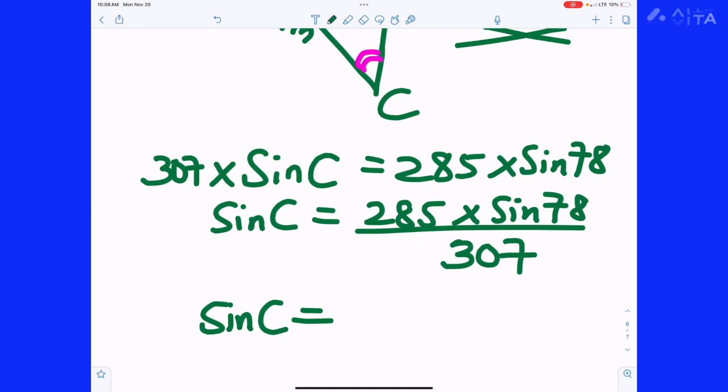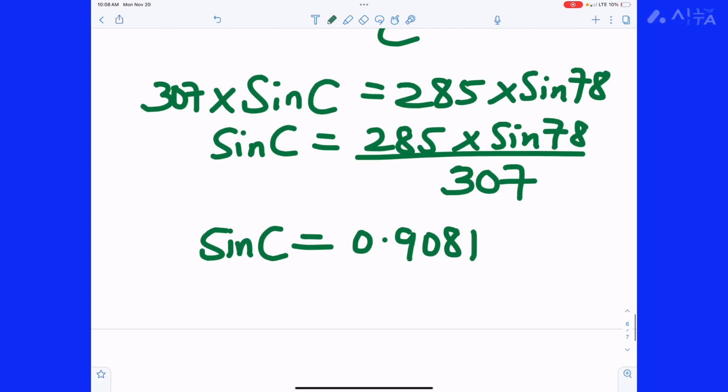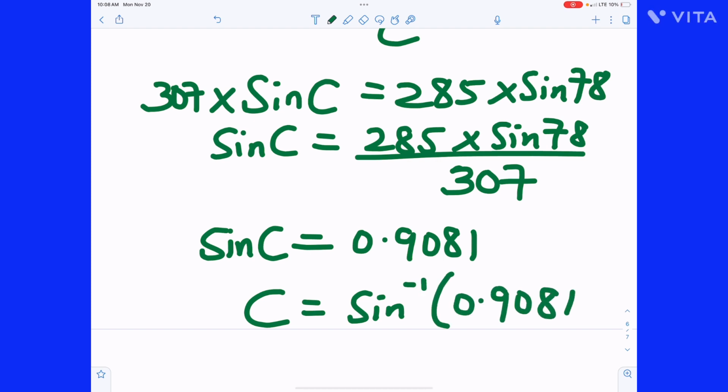So sine C is 0.9081. That means angle C itself will be arc sine 0.9081. So let's get angle C.